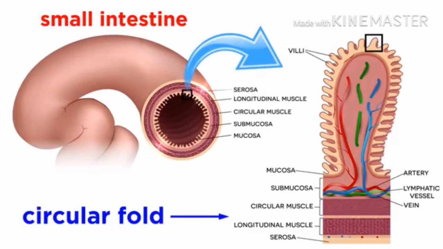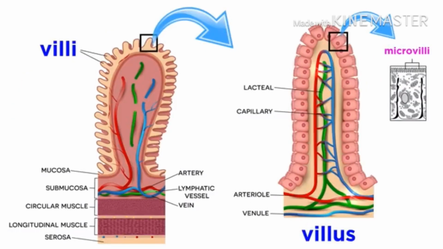The small intestine is perfect for absorption of nutrients, and it is very long to begin with. Circular folds, finger-like villi, and much tinier microvilli amplify the absorptive surface area even more.